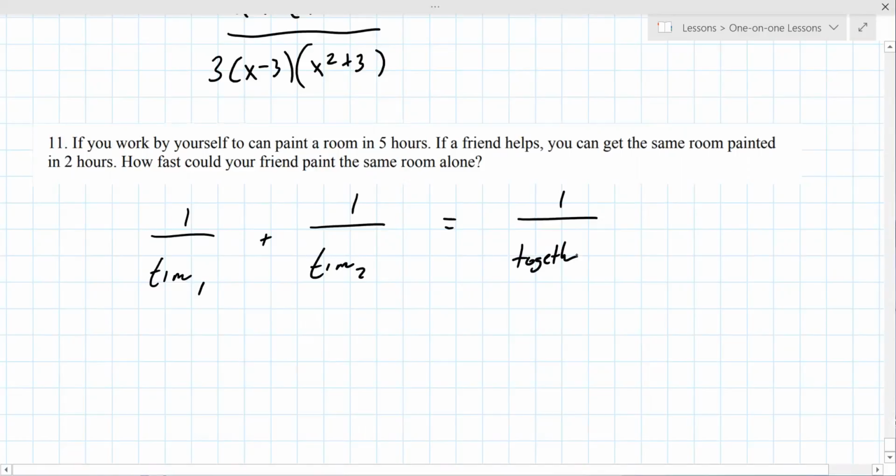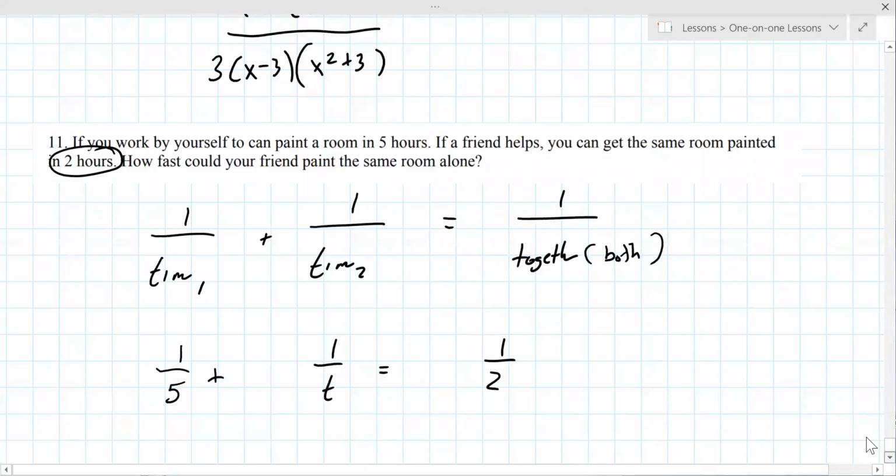So in this case, if you do it by yourself, it's 5 hours. And if a friend helps, you can get the same room painted in 2 hours. So that's the time together. That's the both, the group, whatever you like.